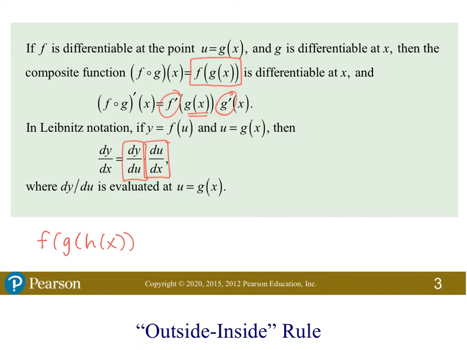So if your composite function had 3 and you were taking the derivative of that, then you just again stay in order. You take the derivative of the outside while leaving the inside unchanged.